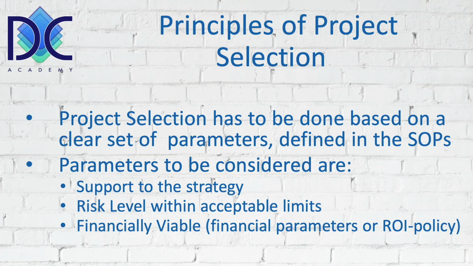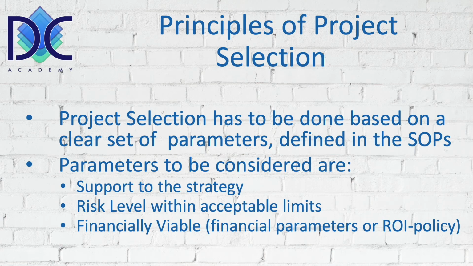And of course, the project also has to be financially viable. We have to find out what the financial parameters are, what the financial performance of the project is. We can do that by looking at financial parameters. You can learn more about those in our presentations related to finance, where you will find a lot of information about financial parameters.